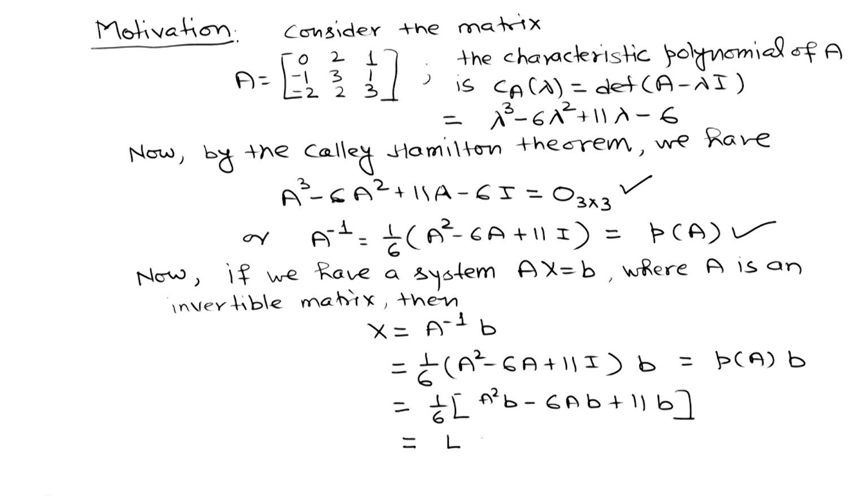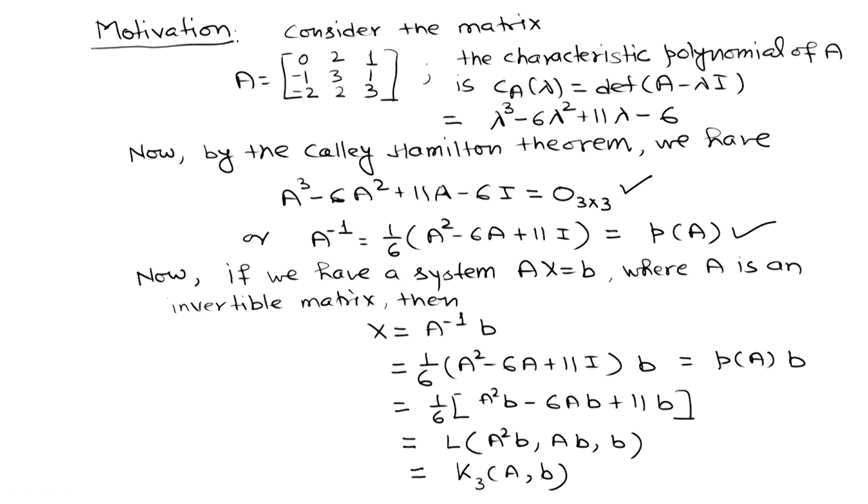This lies in the linear span of A squared B, AB and B, which means this vector can be written as a linear combination of A squared B, AB and B, and this is nothing but the Krylov subspace K_3(A,B).